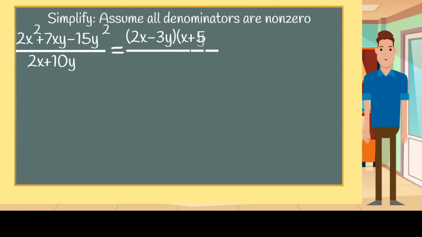The denominator can be easily factored by factoring out the common factor 2. Its factored form is 2 times x plus 5y. Notice that x plus 5y is common to both numerator and denominator, so it can be cancelled out. Therefore, the simplest form of the rational expression is 2x minus 3y over 2.